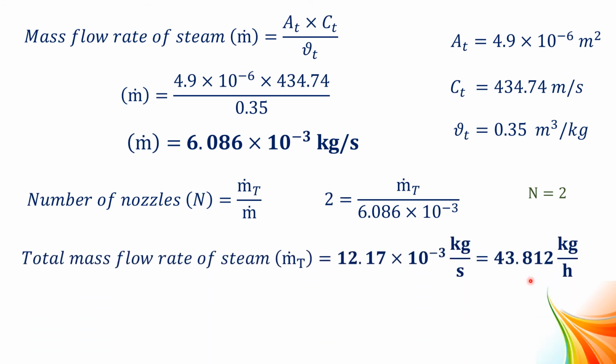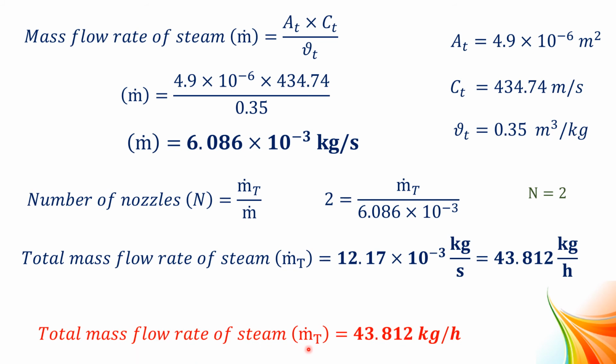So our answer is total mass flow rate of steam mt equal to 43.812 kilogram per hour.